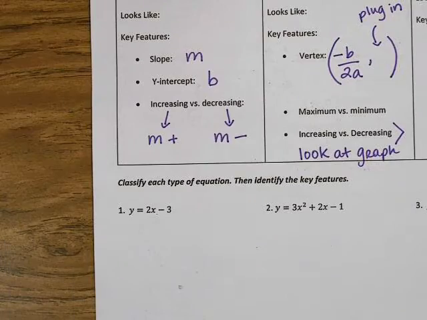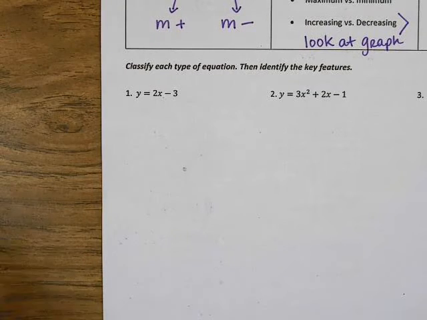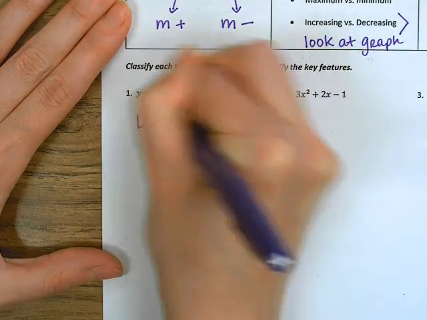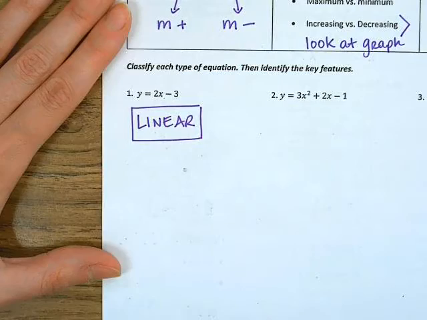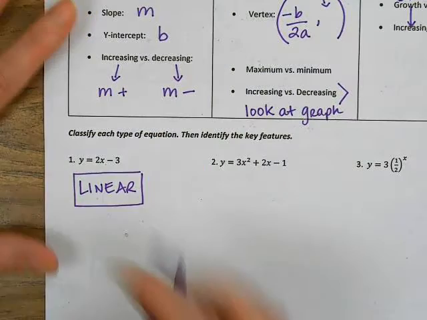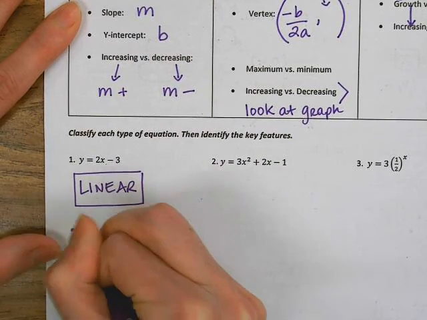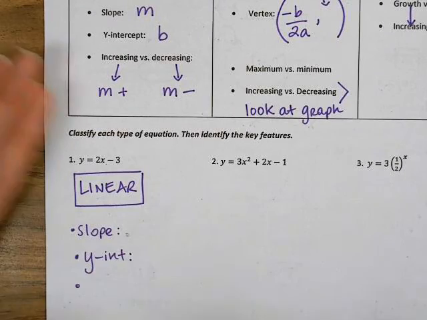All right, let's try some. So same thing as the front, but now it's from an equation, not a graph. So number 1, I hope you guys can tell that it is linear because it is of the form y equals mx plus b. For linear functions, we need to identify slope, y-intercept, and whether it is increasing or decreasing.